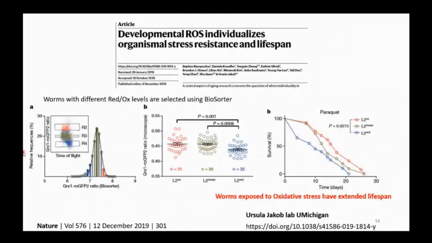This lab at University of Michigan, the Jacob Lab, is using C. elegans as a model for stress resistance as related to lifespan.